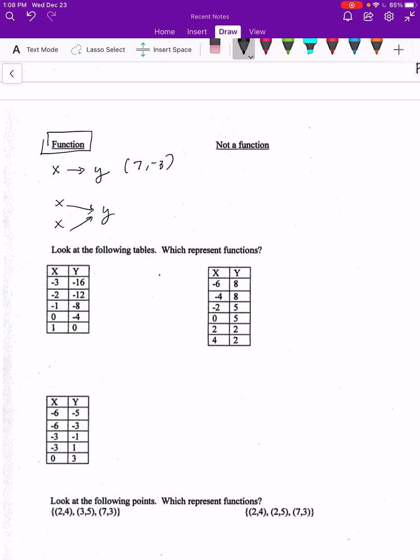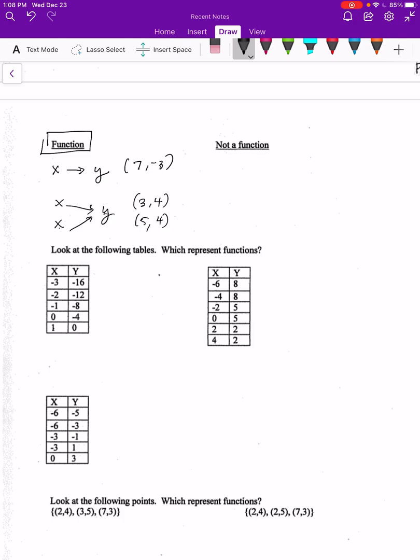If this next one was a point, this might be 3 and then 4. And then this would be a different x, so maybe this is 5, but it goes to the same y, so this would be 4 here. Okay? These are all functions.